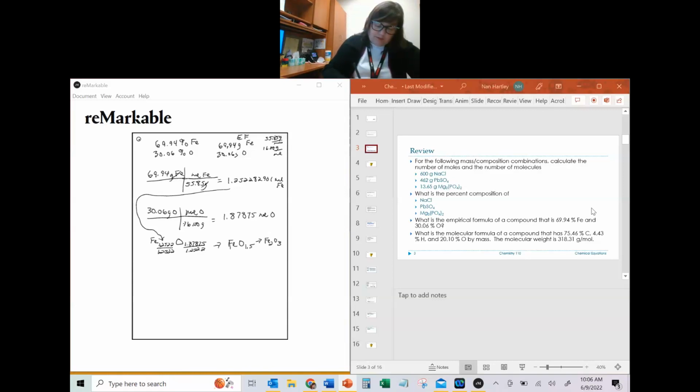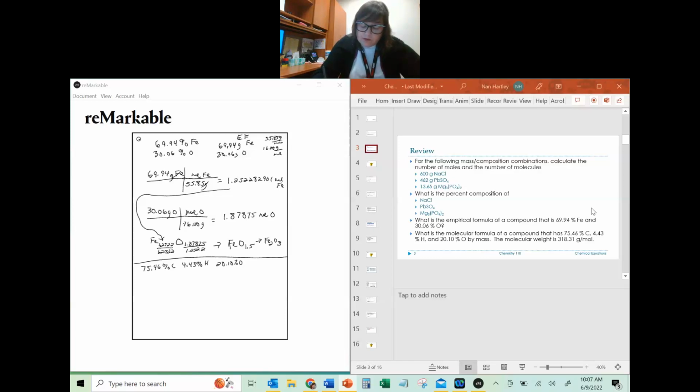Now we want to know the molecular formula. I'm looking for an MF, molecular formula of a compound that has 75.46% carbon, 4.43% hydrogen, 20.10% oxygen.